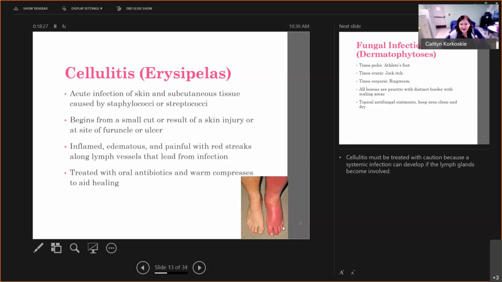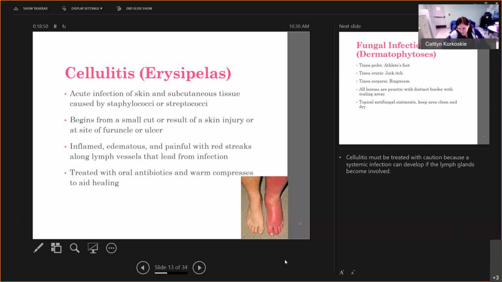Anyone can get cellulitis. It's more common in the elderly or people who have really dry skin. If someone has really dry skin, they're more apt to have an open area that some type of bacteria could then enter.